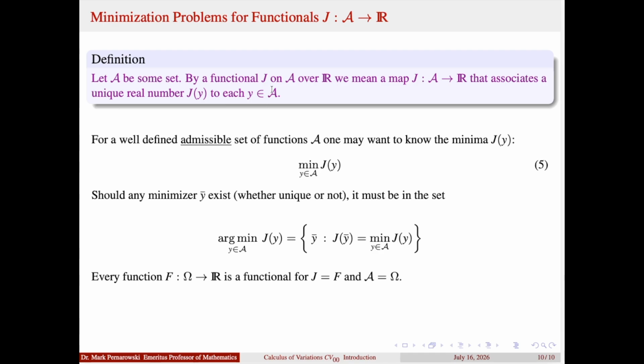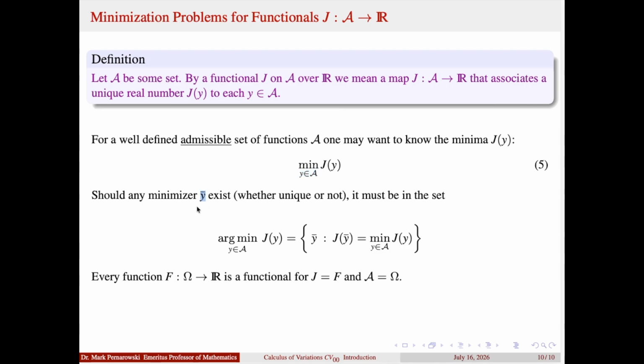So once you have that functional and you have this set A of things that you can try to minimize or maximize over, you can define the problem. You can say, here's the set, and I'm asking, what's the minimum of all the possible values that can be attained for those y's that are in the set A? And A is going to be called the admissible set. The thing that actually minimizes this is going to be a y bar, some very specific y, or perhaps more than one.